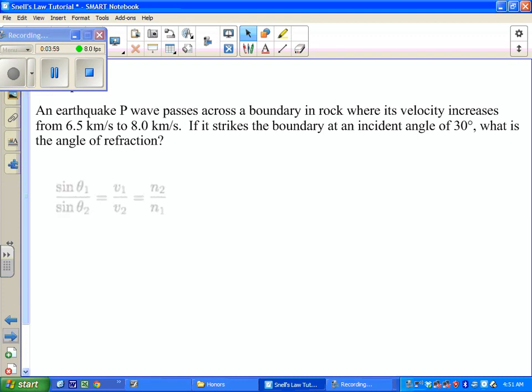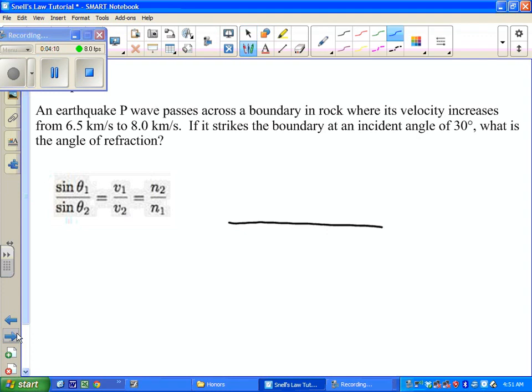So we have our equation, and I'm going to draw a picture, because I think pictures help. So there's our boundary. We have our normal, which is perpendicular to our boundary. And we have the earthquake P wave.